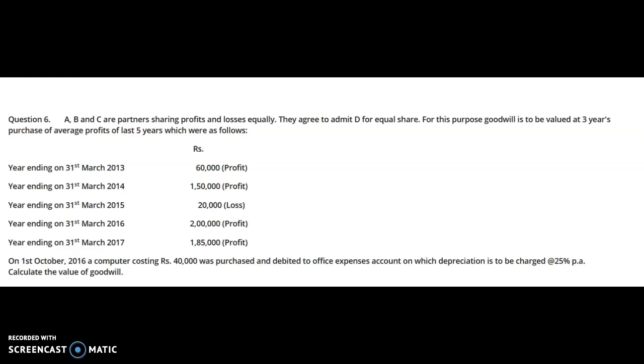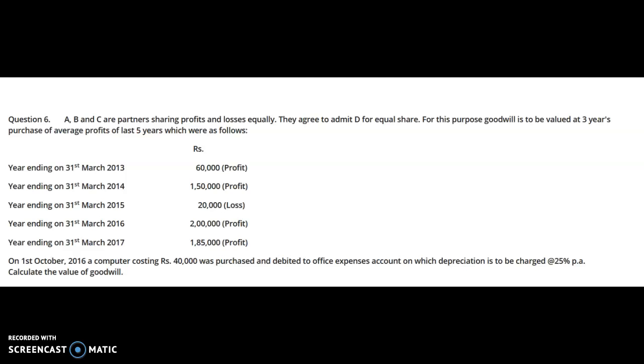We had purchased the computer, and this computer is an asset, but we had debited it to office expenses. The result is that the 40,000 debited as office expenses in the profits of the concerned year, that is for the year ending 31st March 2017, shows less profit because we had debited it to office expenses by mistake.